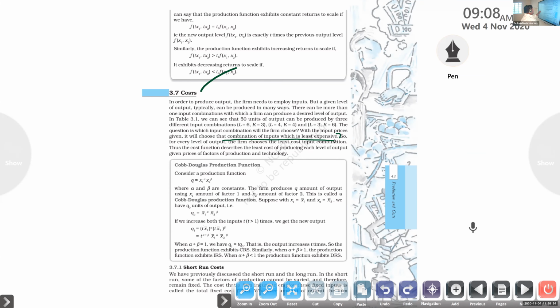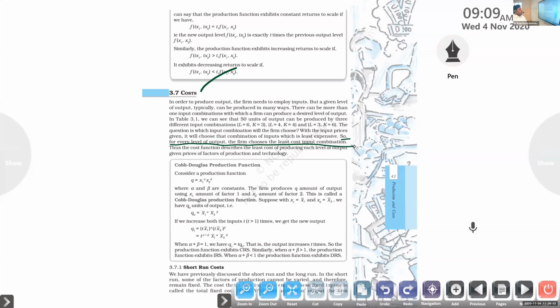So for every level of output, the firm chooses the least cost input combination. Underline that. Thus, the cost function describes the least cost of producing each level of output given prices of factors of production and technology.